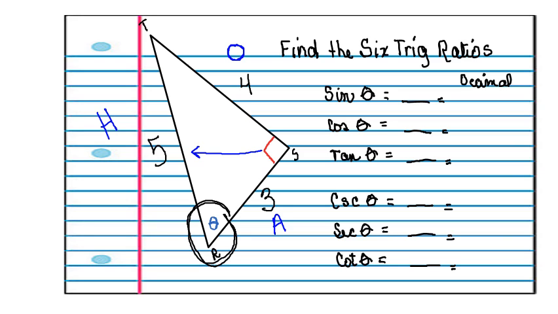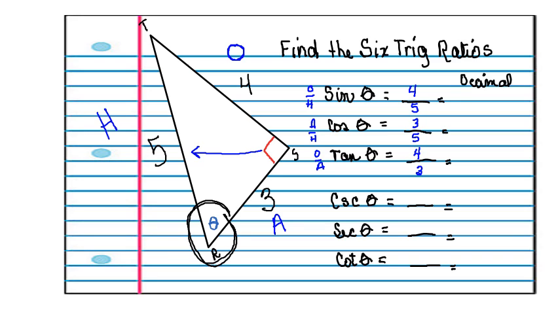Remembering that sine is O over H, our trig ratio would be 4 over 5. Cosine is A over H, so it would be 3 over 5. And tangent is the opposite over the adjacent, so it'd be 4 over 3.